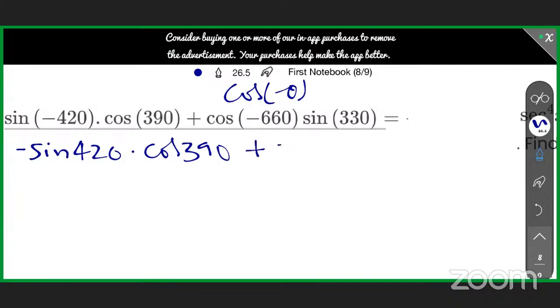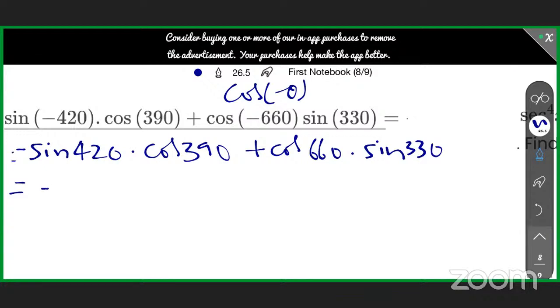So plus cos 660 degree into sine 330 degree. This is equal to, I'm giving minus as it is.